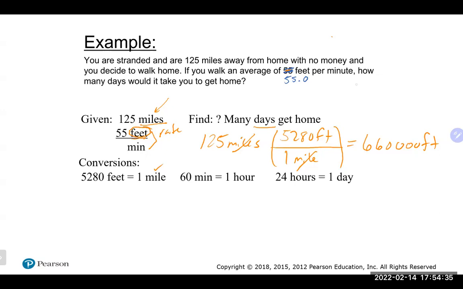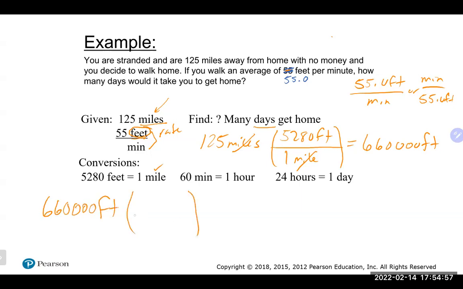Because that's a conversion given to you in the problem, you essentially can use it like a conversion factor in either direction. You can put minutes on top and the 55 feet on the bottom and just use it like a normal conversion factor. So I carry my number down here, which is 660,000 feet.